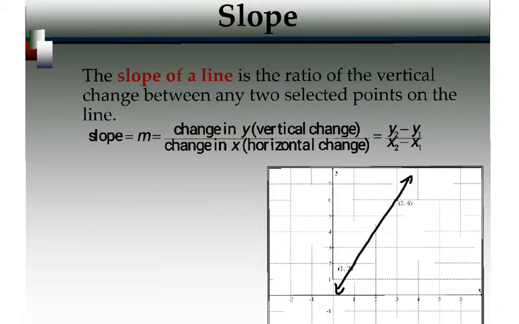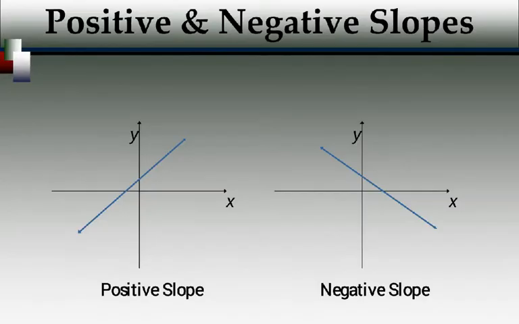Looking at points 3, 6, and 1, 2, we would have m equals 6 minus 2 over 3 minus 1, which equals 4 over 2, which equals 2. And there's our slope. And we're going to be doing some more of this.